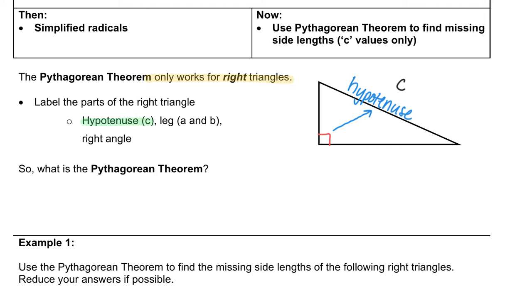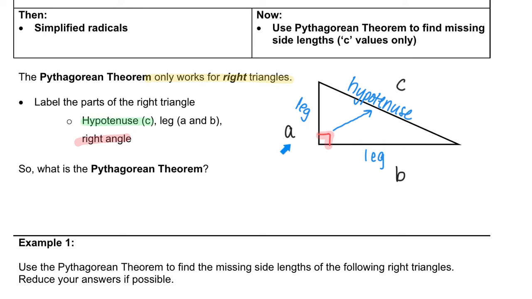Okay, now the other two sides, and we already have our right angle labeled, so that's just right in the corner there. The other two sides of our triangle are going to be the legs, and those are the two sides that form the right angle. So here's a leg, and here's a leg, okay? And then we just label those as A and B. It doesn't matter which one is A and which one is B, as long as the legs are A and B. Okay, so what is the Pythagorean theorem?